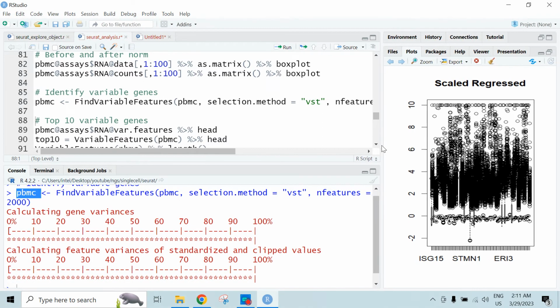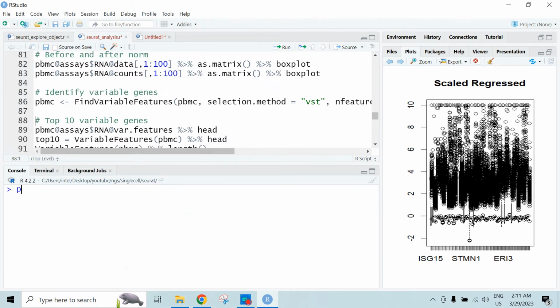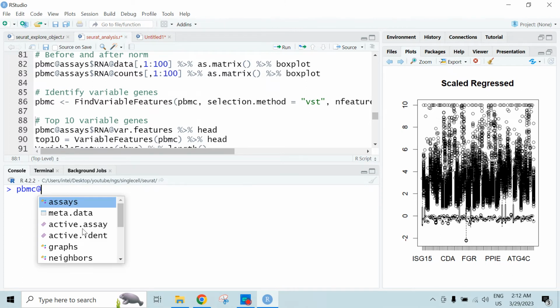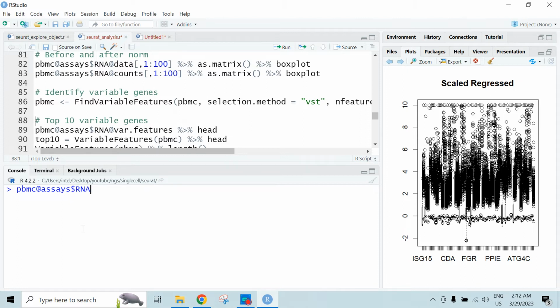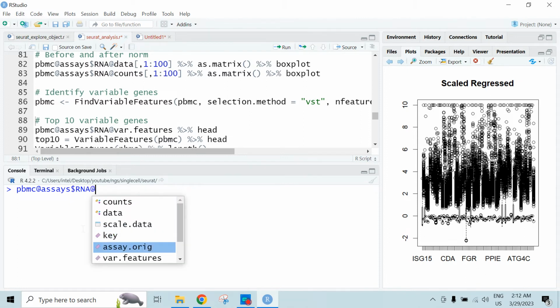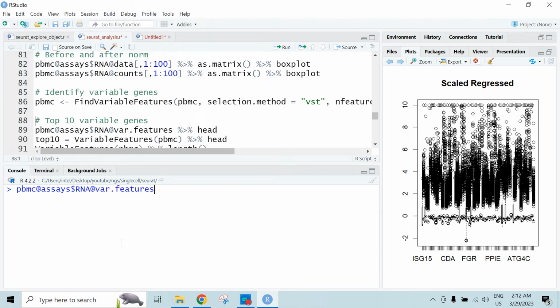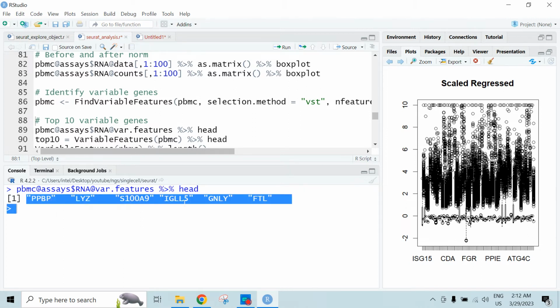Now if you remember, we had a slot: pbmc at the rate assays, and within that we have RNA, and we had the variable dot features slot. If you come here, this slot will contain, I'm just showing you the head, the most variable genes.